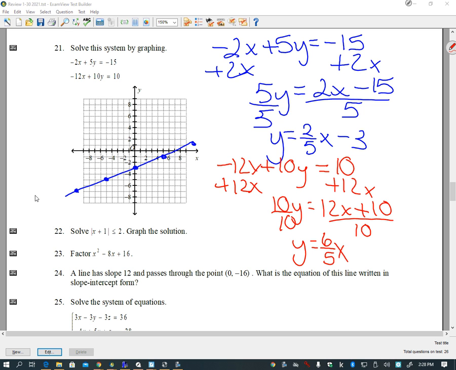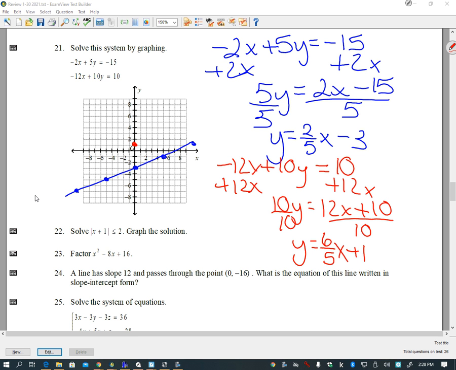6/5 x plus 1. So I got a positive 1 intercept, but I'm going down 6. Oh, I'm sorry, don't want to do that. Wait, is that positive 6/5 or negative 6/5?